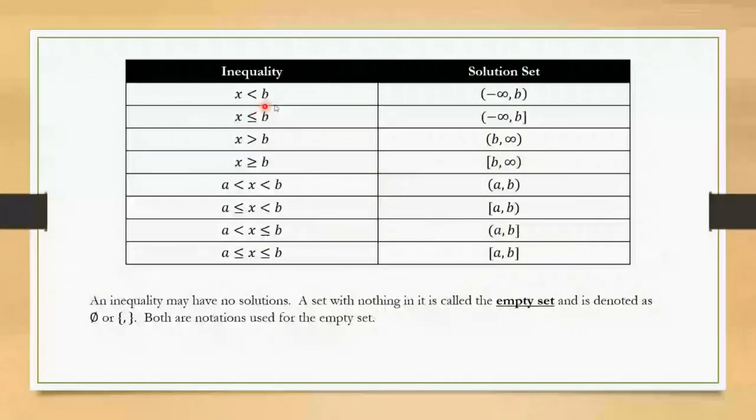So you can see that these intervals are solution sets, meaning that every number in them is a solution for the corresponding inequality. So for instance, anything less than b, right? Anything that satisfies this inequality is in this interval. Anything strictly between a and b is in this interval. Anything that's greater than a and less than or equal to b is in here, and so on.